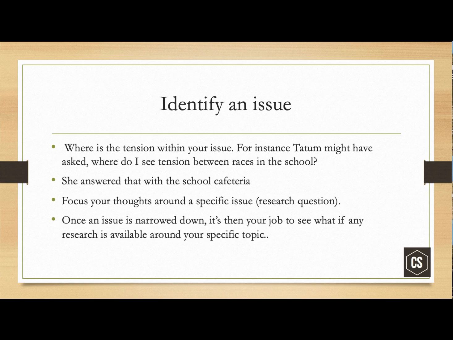Once an issue is narrowed down, it's then your job to see what, if any, research is available around your topic. And that's key. By the time the topic exploration is due, you have to be certain that you have enough research available. That's one of the reasons it's really hard to write about something like the coronavirus, because there isn't a lot of research yet.